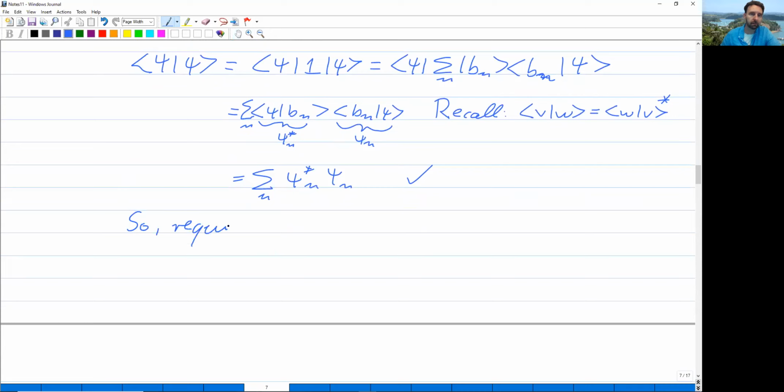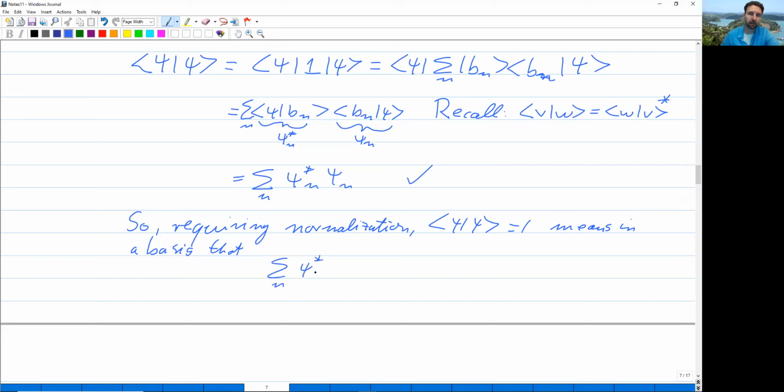Requiring normalization, so that the norm of psi is equal to 1, means in a basis that the sum over n, psi star n, psi n, is equal to 1.